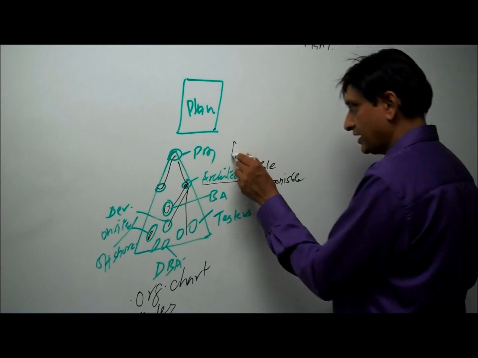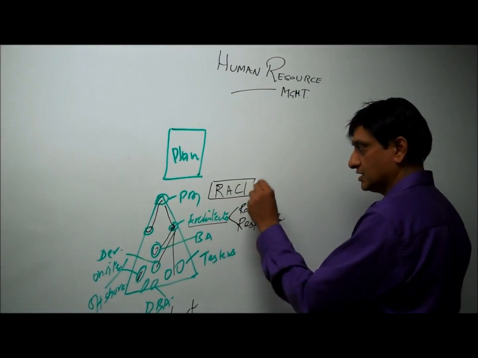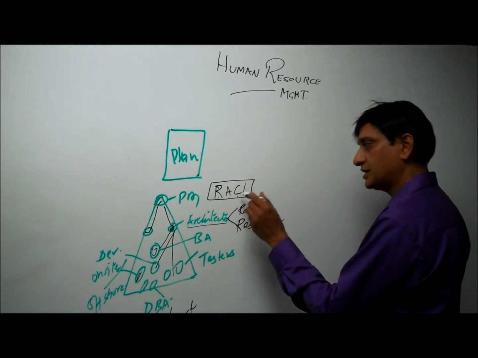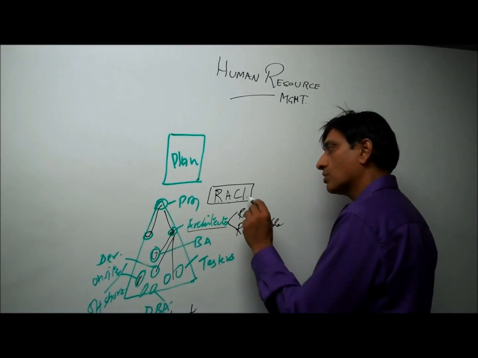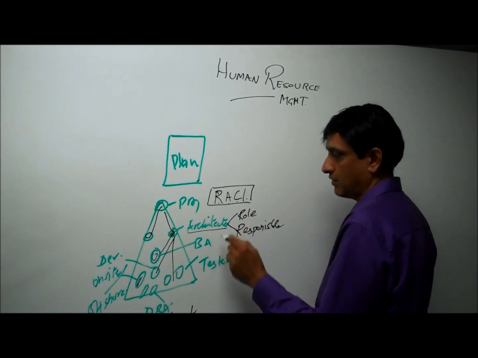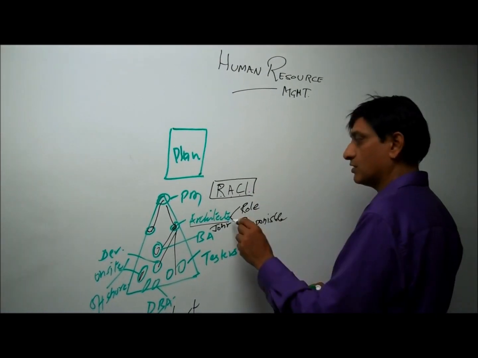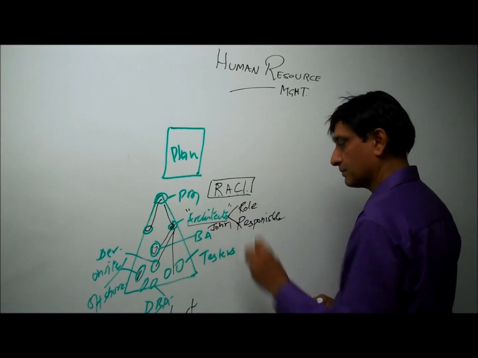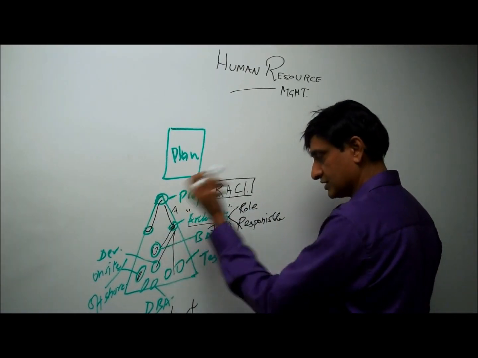So friends, what we create is a RACI chart. What we call it is responsibility, accountability, consult, and inform. So what each role will be responsible for. Well, this guy architect here, John, is going to be responsible for the overall delivery of the program or the project, and will be accountable to the project managers.